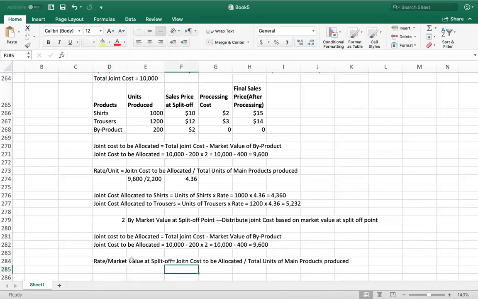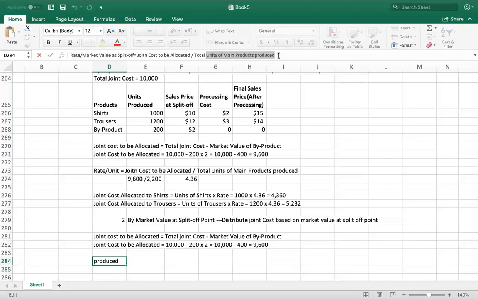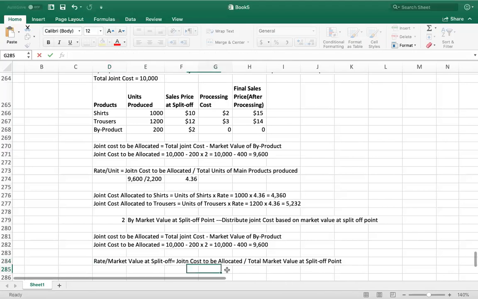How will we calculate it? Joint cost to be allocated divided by the total market value at the split-off point.